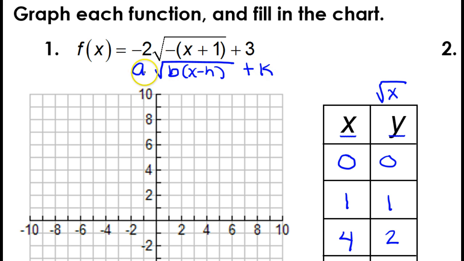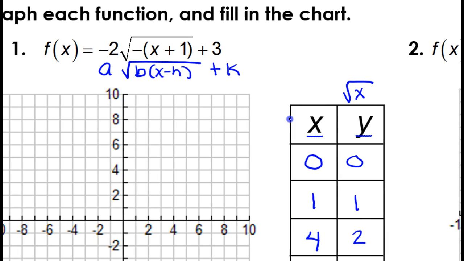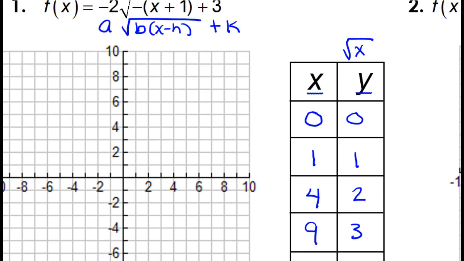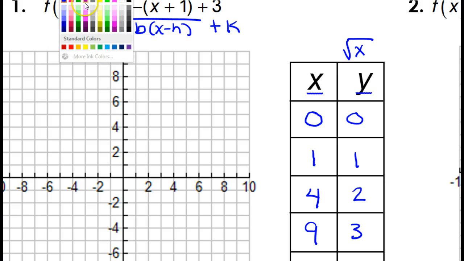So sometimes I'll talk about if there's an a value or if there's a b value. When there's an a value, like this negative 2, we're going to create a new y column. And if there's a b, we're going to create a new x column. So we're going to have to create a new y column because of the a.